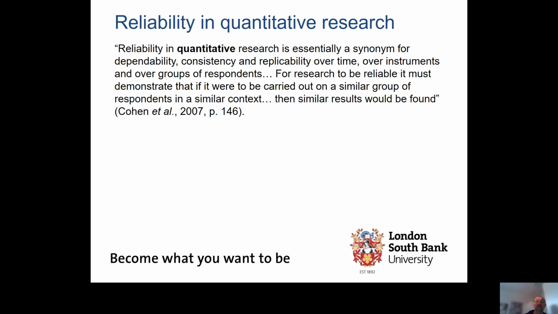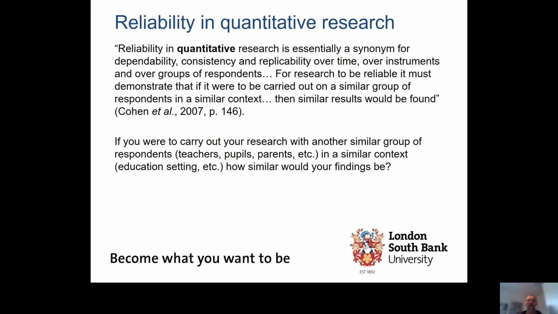For research to be reliable, it must demonstrate that if it were to be carried out on a similar group of respondents in a similar context, then similar results would be found. So if I carry it out with one group of 7-year-olds in one mainstream primary school, and I find these results, those results are reliable if I know that I could apply that same research method to a different group of 7-year-olds in a different mainstream primary setting and get the same or similar results.